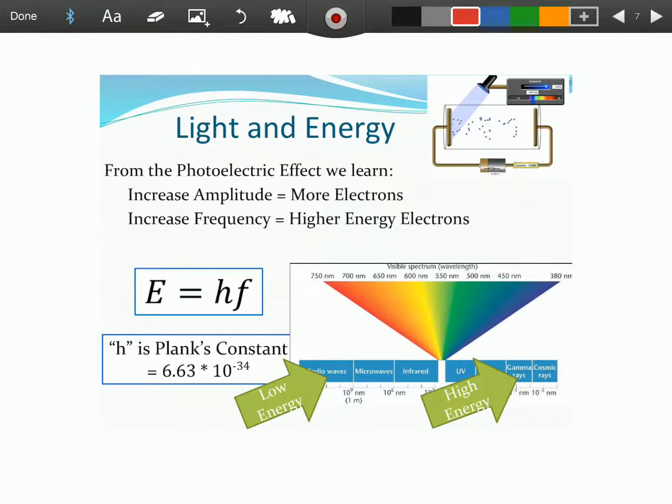Last slide is considering the energy nature of light. And again, this is another space where light breaks some wave rules. The first rule that it's already broken is that light doesn't need a medium, right? It can propagate without a medium to pass through.